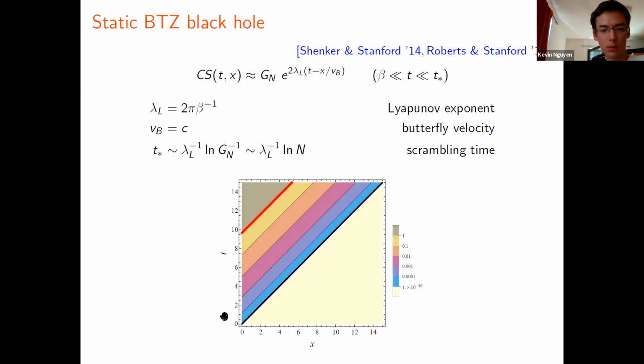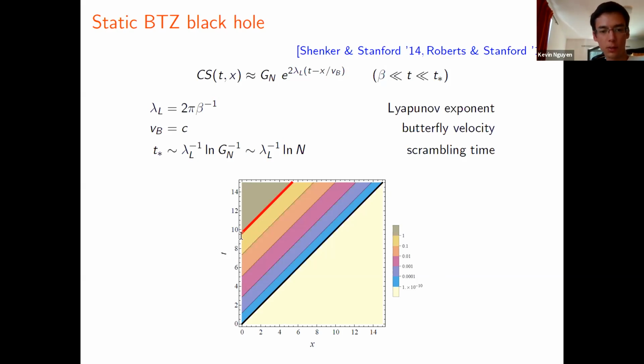Okay, so here I'm looking at the level sets of the commutator squared. If I look at zero spatial separation, there is exponential increase with time up to the scrambling time, which happens around 10 on this plot, at which point there is a transition between this exponential increase and saturation.